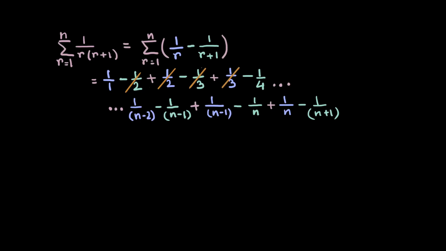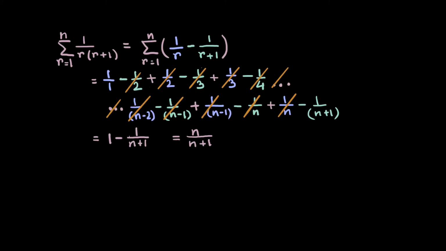What we are left with are the very first term, 1 by 1, and the last term, 1 divided by n plus 1. So simplifying this, we have n divided by n plus 1. Thus, we have come to a simplified form for finding out the summation of the original expression.